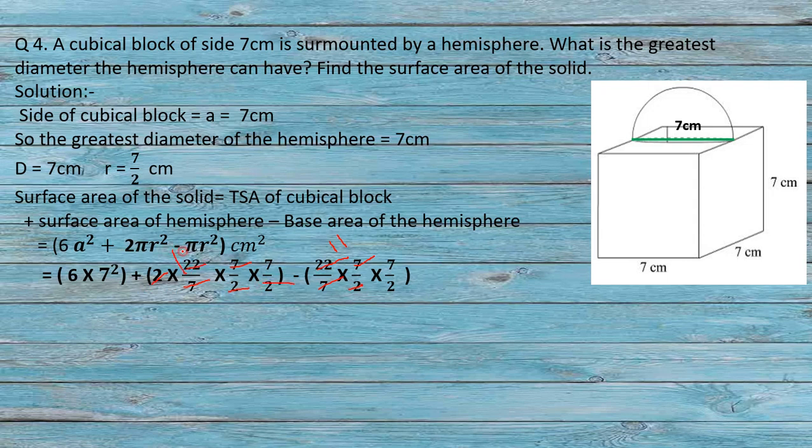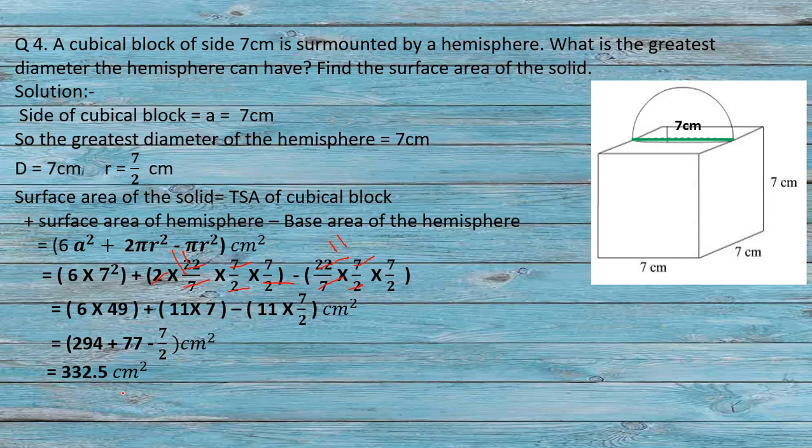So in the next step we get 6 into 49, as 7 square is 49, plus this 11 into 7 minus 11 into 7 by 2. Here 294 plus 77 minus 77 by 2. After solving this, we get 332.5 centimeters square, as we take the LCM and solve it further.